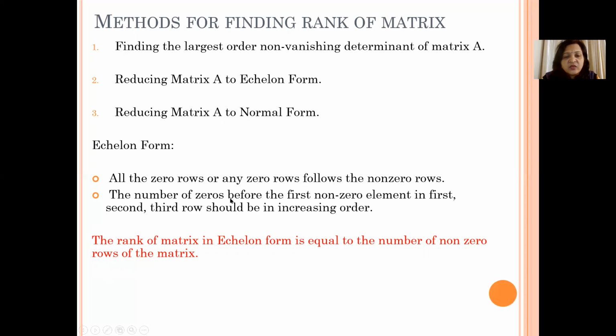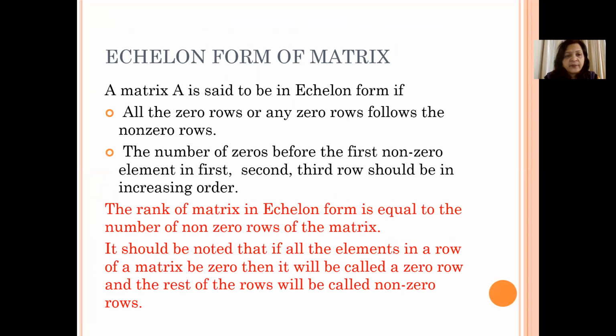And the number of zeros before the first non-zero element in first, second, third row should be in increasing order. Then the rank of matrix in echelon form is equal to the number of non-zero rows of the matrix. So let us see an example on it.